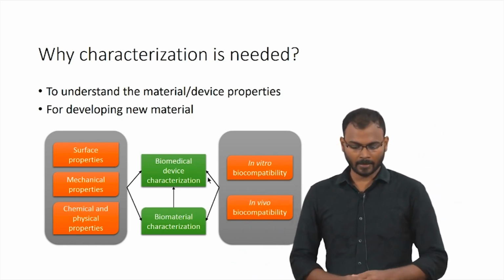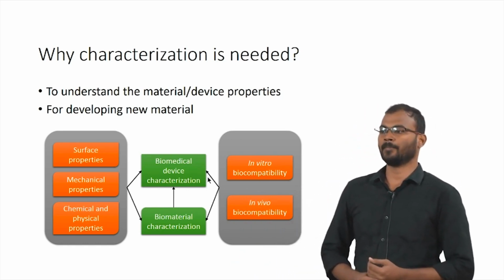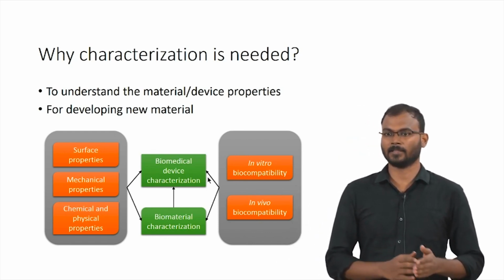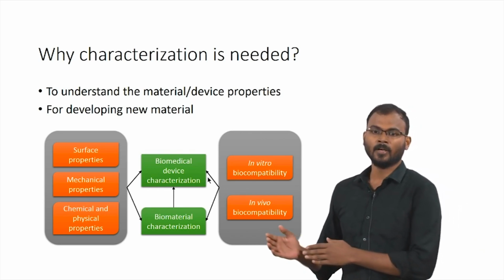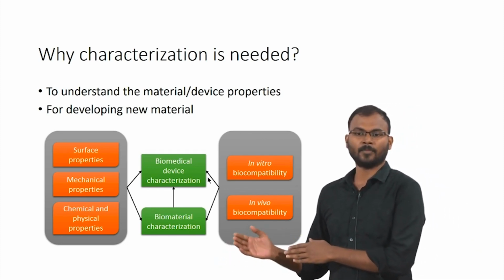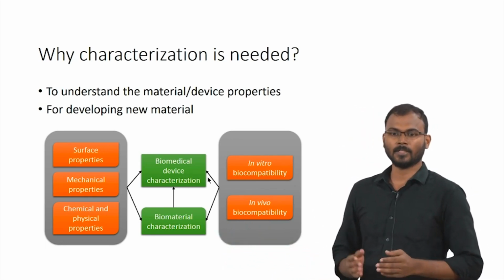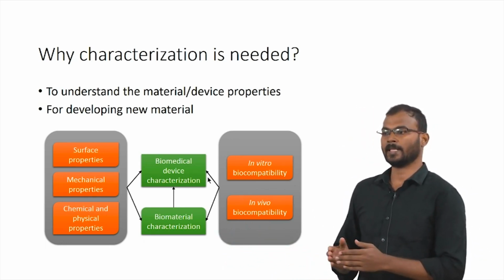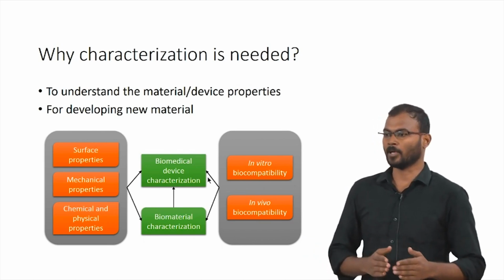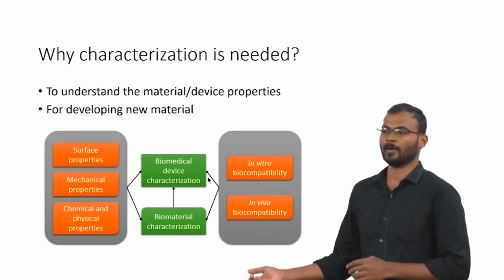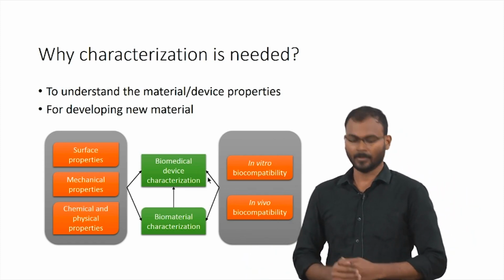And all these properties cannot be applied to all materials. It depends on the type of material. Some are nanoparticles, some are films, some are scaffolds, some are huge bulk materials, and each has to be characterized based on its properties, what type of characterization you have to look at, and what application you are going to look into.